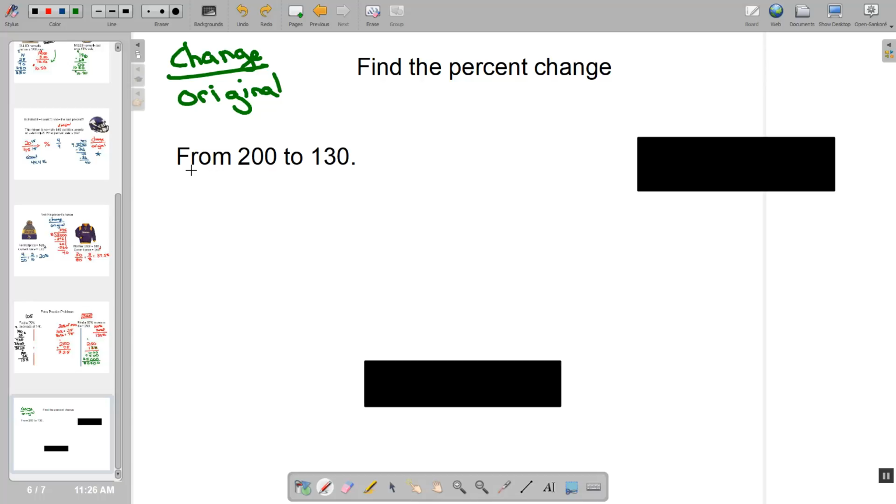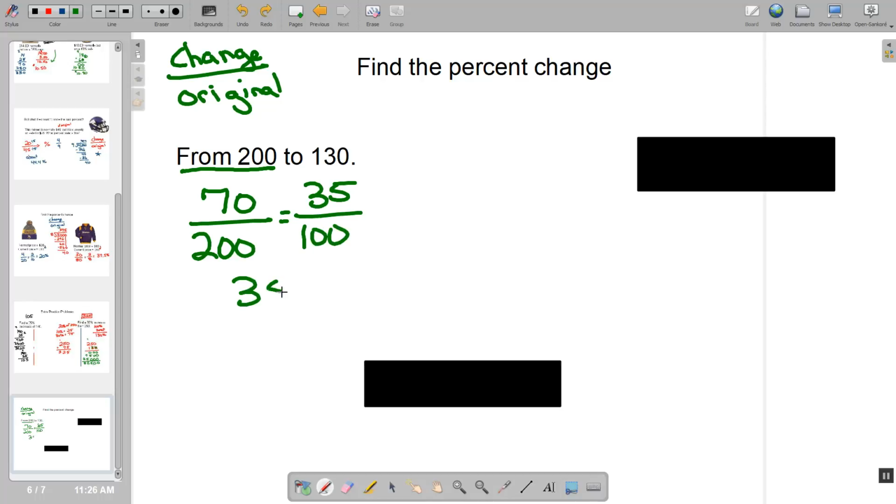So for this problem, from 200 to 130 means 200 is our original number. 200 to 130 is a change of 70. 70 divided by 200 is our fraction, which if we divide both numbers by 2 gives us 35 over 100, which is 35%, and we are done.